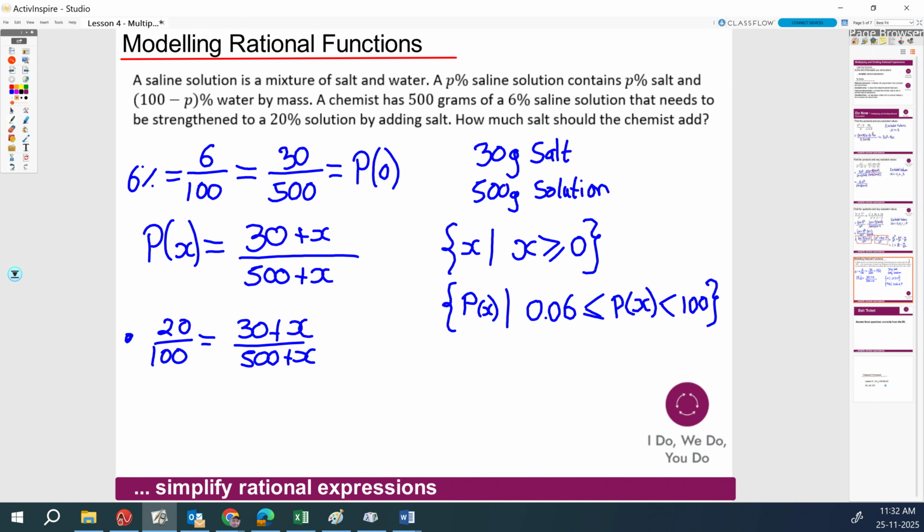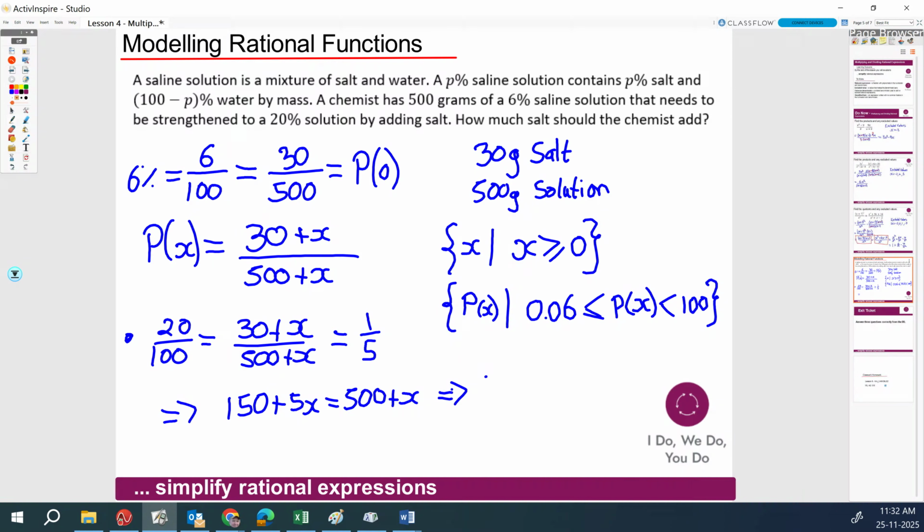That simplifies on the left-hand side to 1 over 5, a 20% solution. I'm going to multiply 5 by both of these. What's 5 times 30? 150. So 150 plus 5x is equal to 500 plus x.